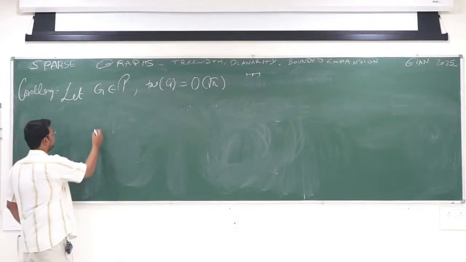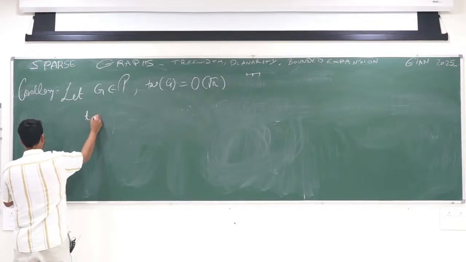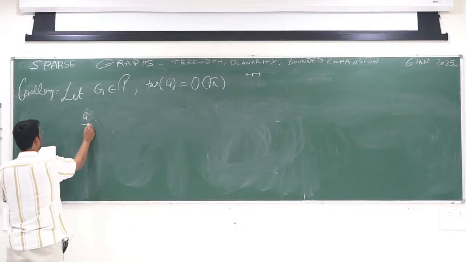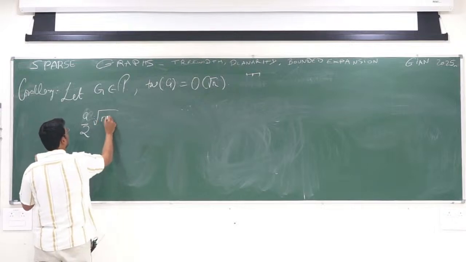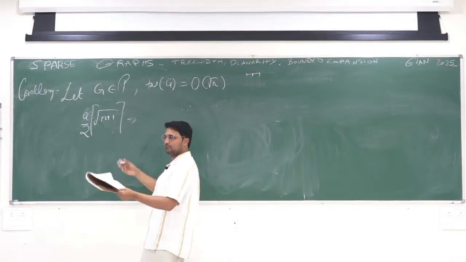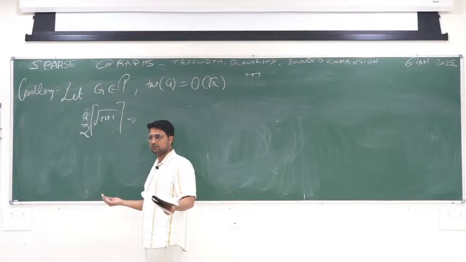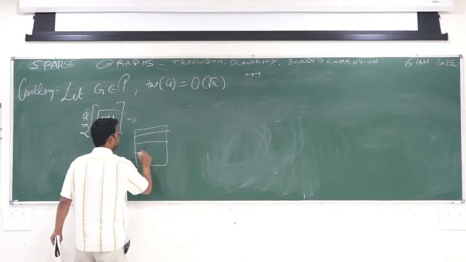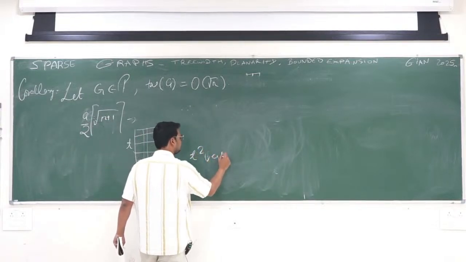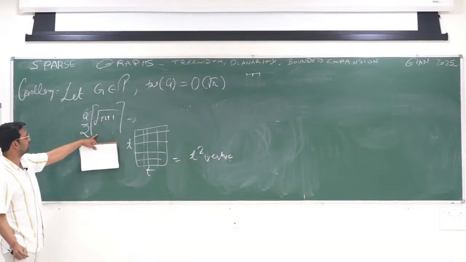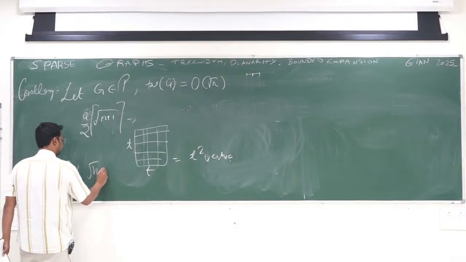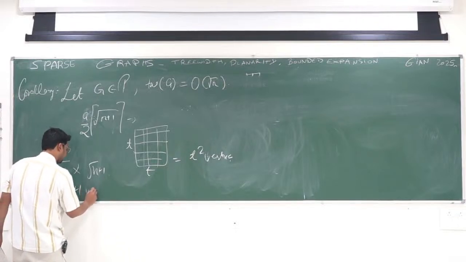So if your graph has treewidth 9 by 2 square root of n plus 1, then it contains a grid minor of size square root of n plus 1 into square root of n plus 1, which contains n plus 1 vertices, which is bigger than your graph. Because a t by t grid contains t square vertices. That is not possible.